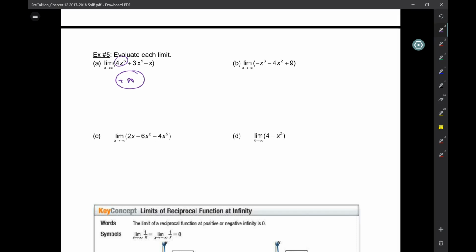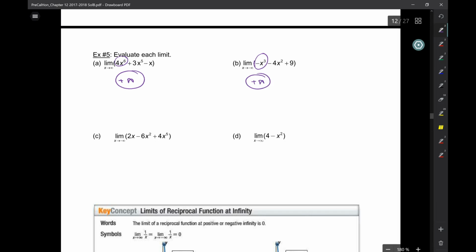I would like you to be at the point where you look at it and you know. If you want to show some work to get some credit, you may or may not get credit. That's up to you, but I'm not looking for any work. Here, it's this one, and as x approaches negative infinity, where is it going to go? Positive infinity.